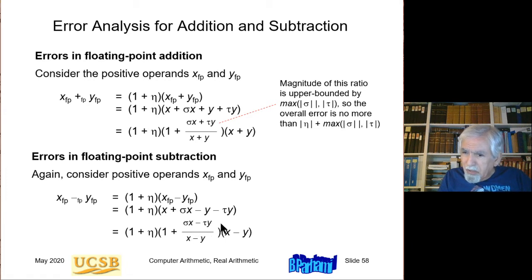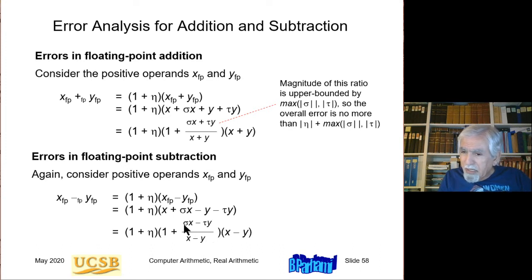In the numerator, however, if tau is negative, let's say sigma and tau are the same magnitude. They're both sigma. So I have sigma x, and tau is negative sigma. So I have sigma times x plus y. So this fraction is sigma times x plus y divided by x minus y.